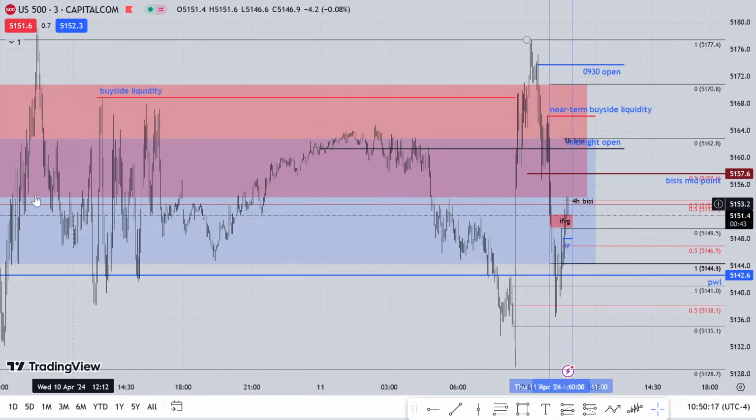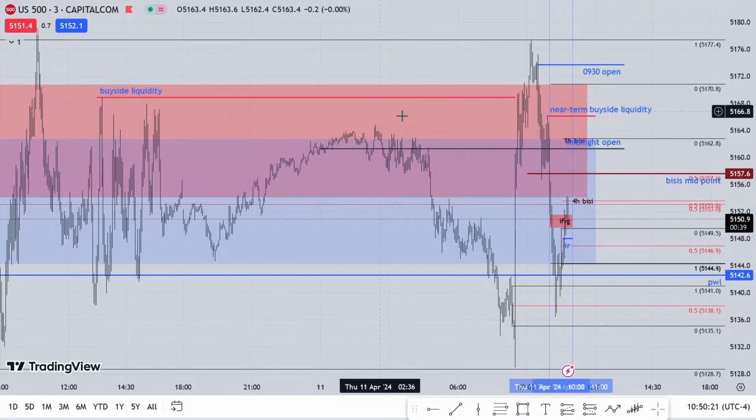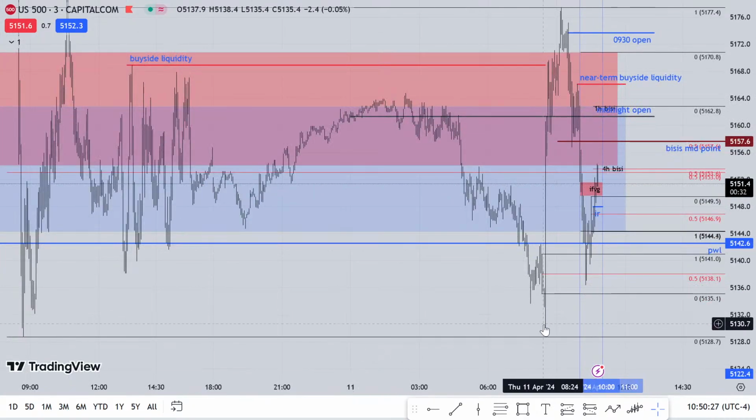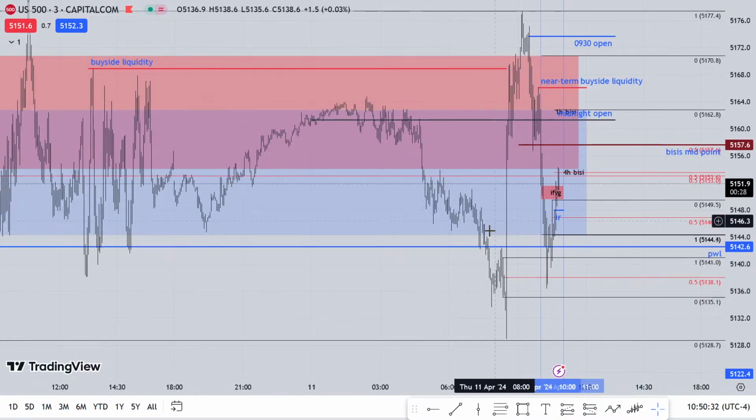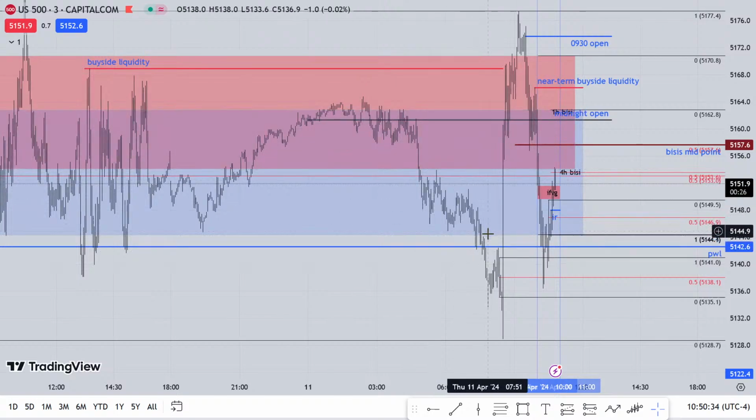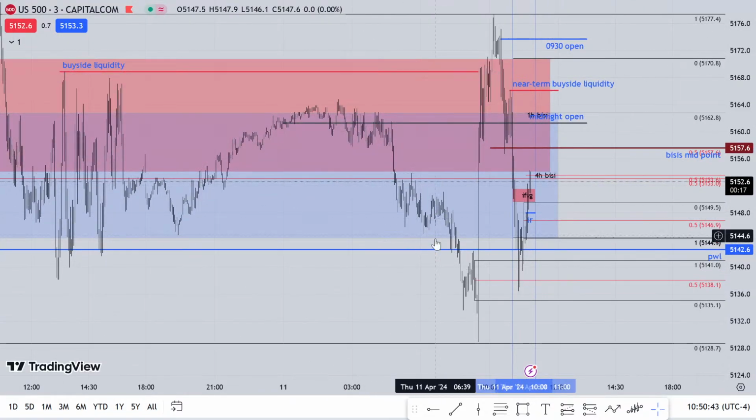So price was going up, down, up, down. Deep discount, this is a deep discounted price here. This is why we had this quick rally higher, because we're far below this 4-hour BC. So this is why this rally took place like this, because we are below, not because of any news or anything.